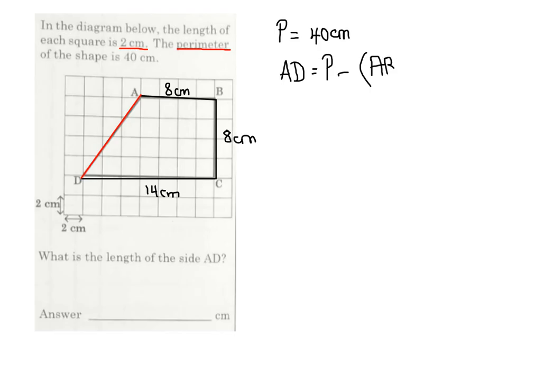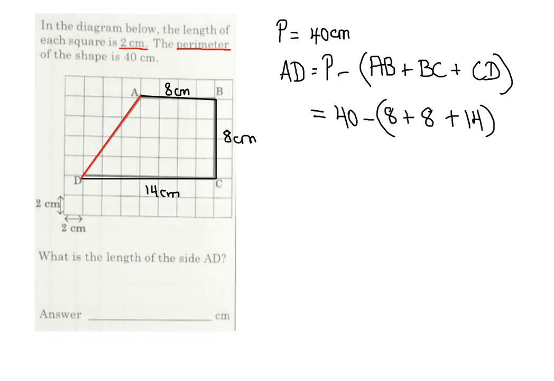So we're going to take away the 8 plus the 8 plus the 14, right? And when you add together 8 and 8 and 14, what did we get? 30. Alright, 30. So, what is 40 take away 30?